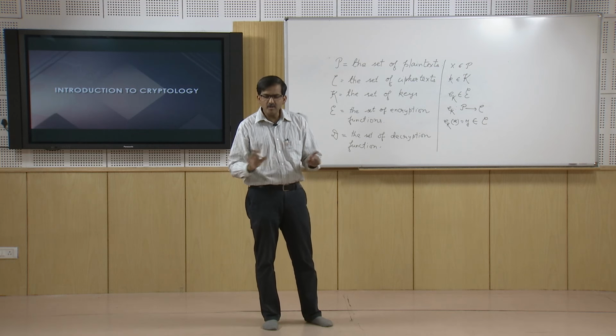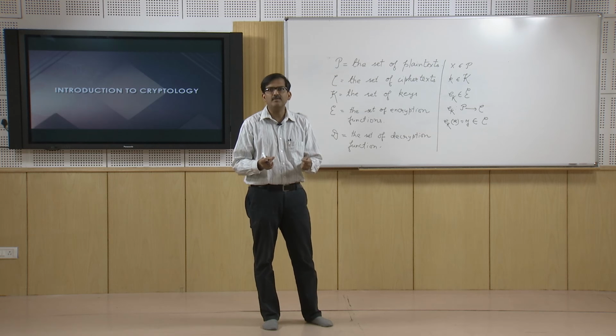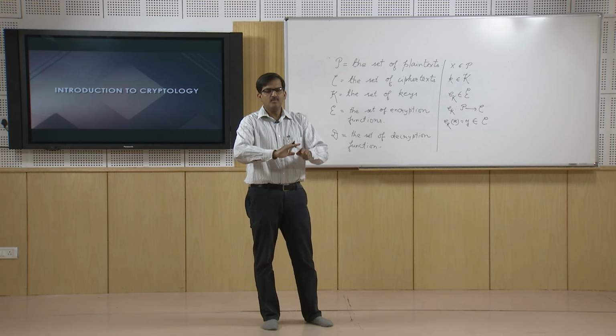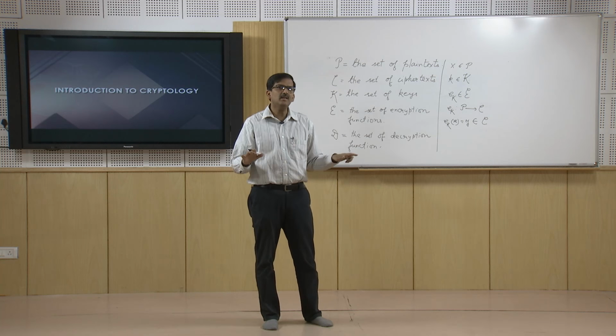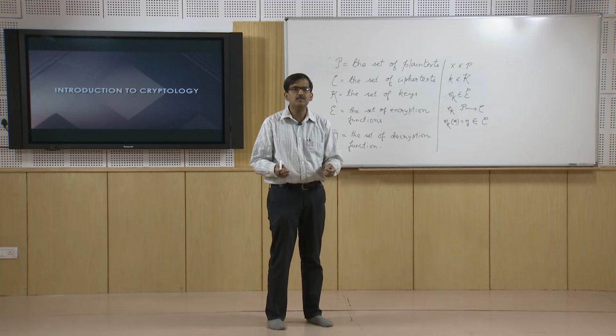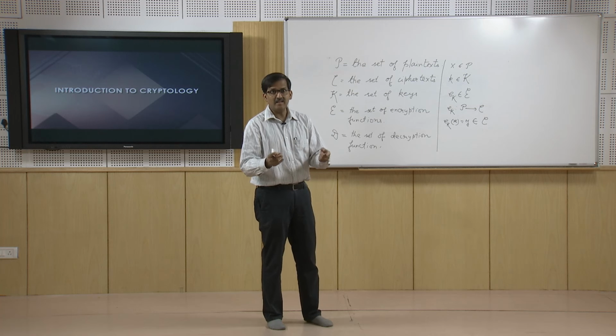Please note that we are not talking about particular methods of ciphers, we are just talking about a kind of formalism. We are saying what is happening in general without going into the details. We will soon be going into the details of ciphers, but that is a little later.